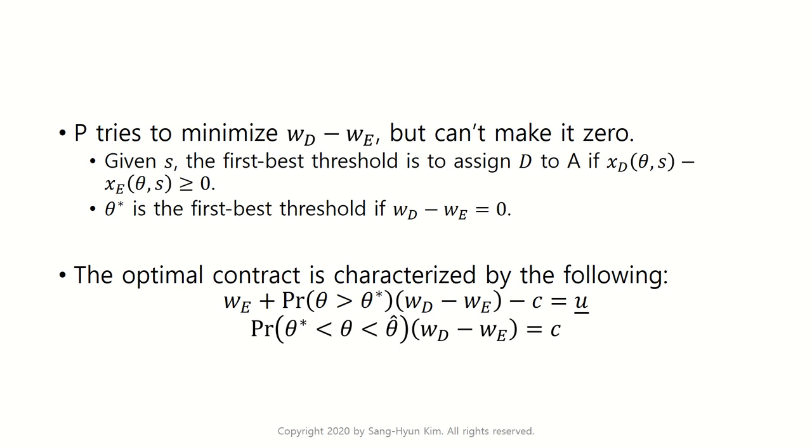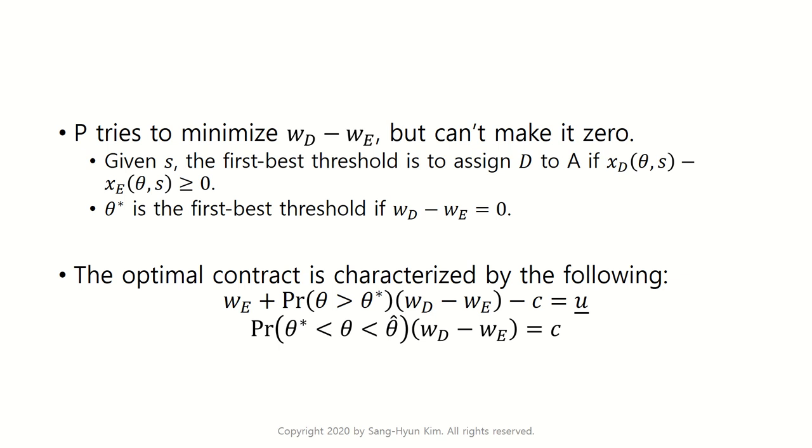So you want to reduce this additional wage, the wage difference, as much as possible. Theta star is the first best threshold if WD minus WE equals 0, but you cannot do that. So you want to reduce WD minus WE as much as possible, but you cannot make it 0, so the IC constraint must be binding.